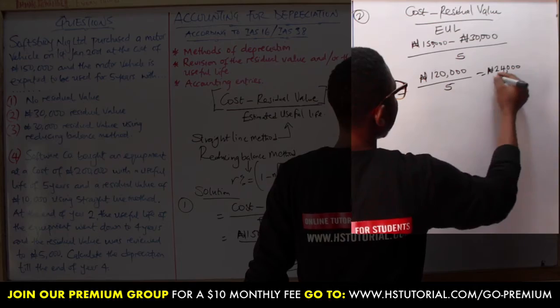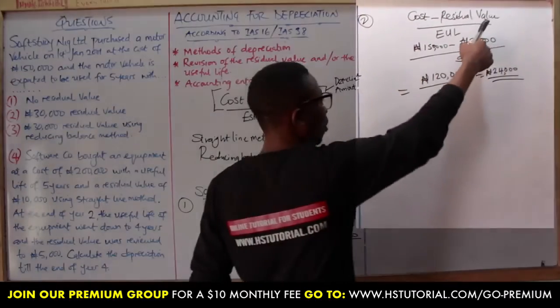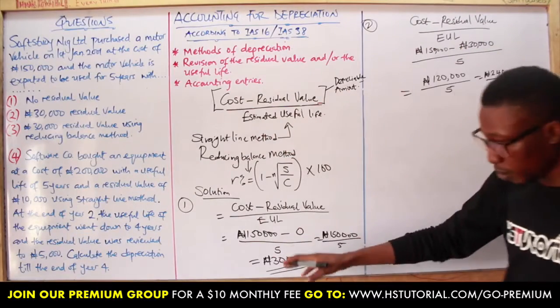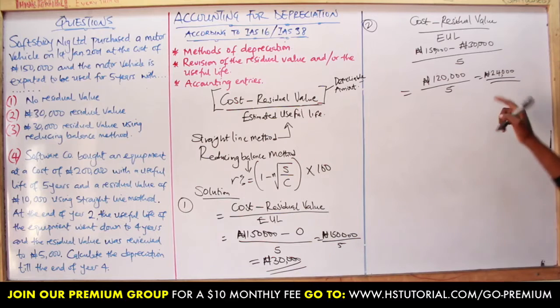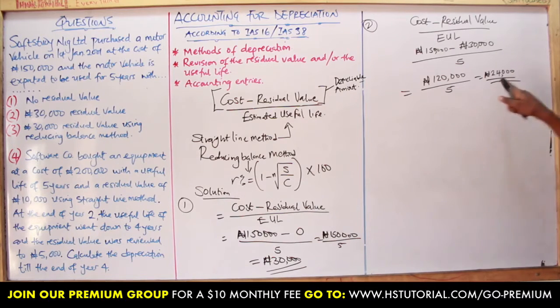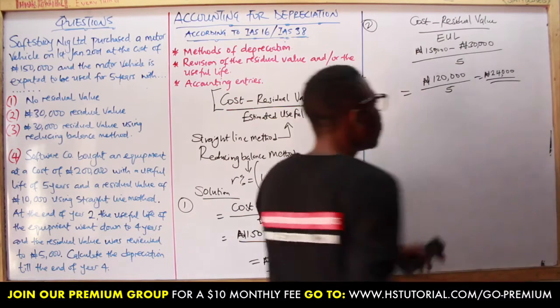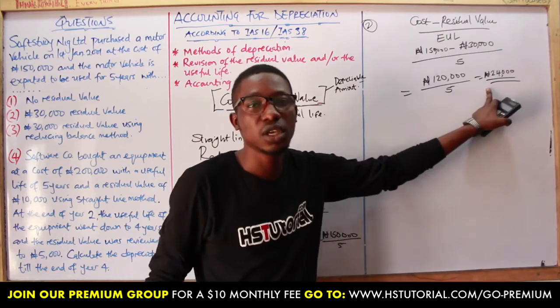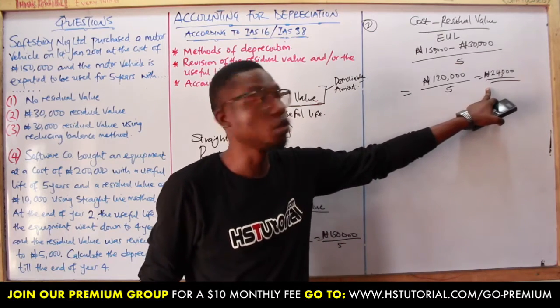So it means with residual value of 30,000 naira, the amount of depreciation is reduced to 24,000 naira. So this 24,000 naira will be the amount charged every year till the end of the 5th year. So that's that.